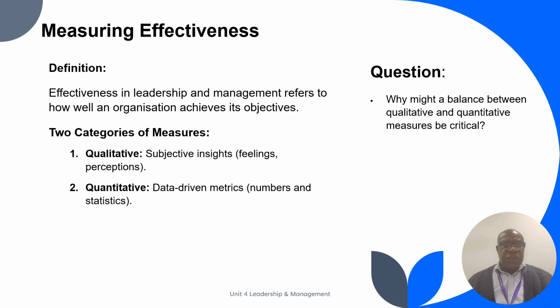But quantitative is more data driven. It's data driven metrics. It has numbers and statistics, so you can see how much of what has been done in concrete terms. So these are the 2 main ways that we apply when measuring effectiveness: qualitative and quantitative.